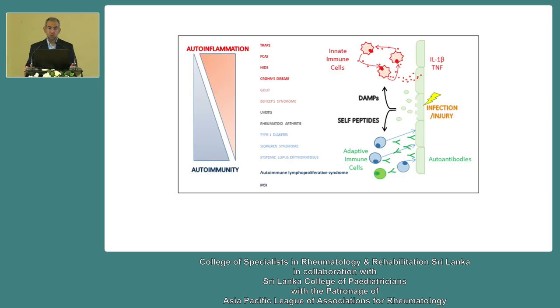This figure shows you the autoinflammation. I told you FMF is the best example, but other diseases like TRAPS and CAPS, all these are autoinflammation, and you can see it's related. I don't think this is working anymore.